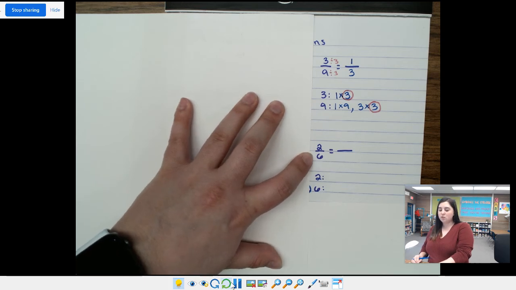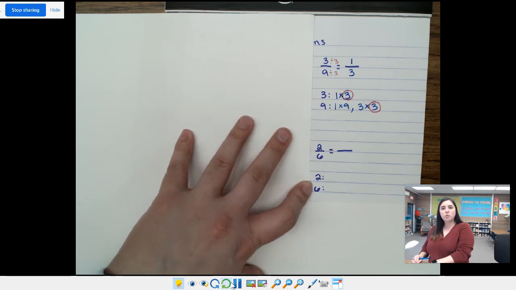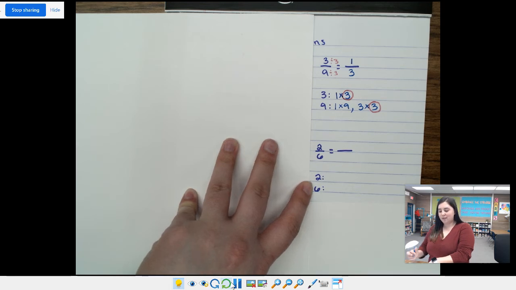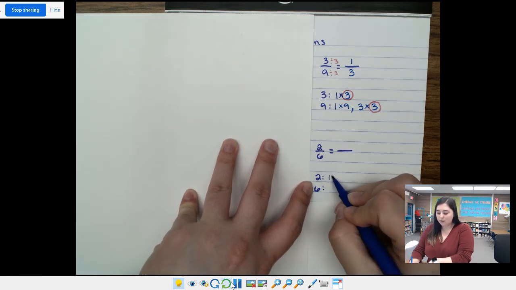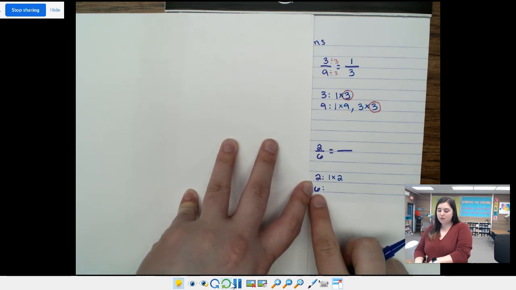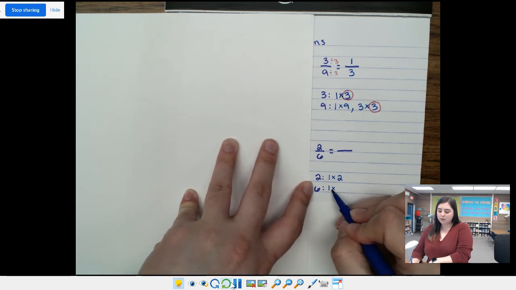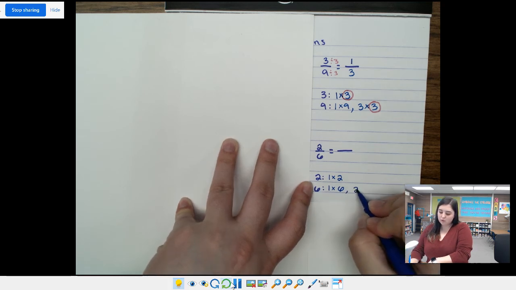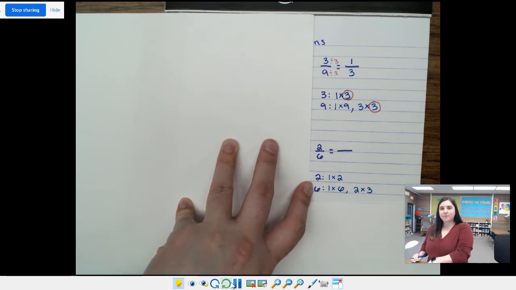2/6. So write out your factors for 2 and 6. Pause, and do that now. All right, did you get 1 times 2? And that's it for number 2. For 6, I could do 1 times 6. And I could do 2 times 3.